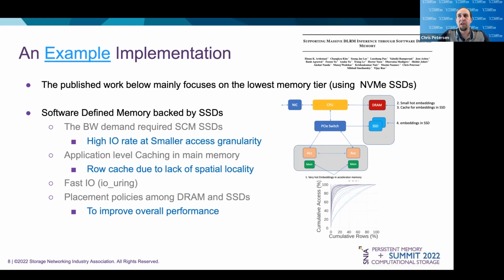Here we're showing that we can cache different embedding tables at different memory levels, with the hottest being stored in accelerator memory, the next level in main memory, and then the least accessed tables are stored on the SSDs.